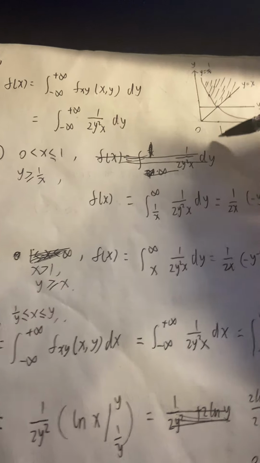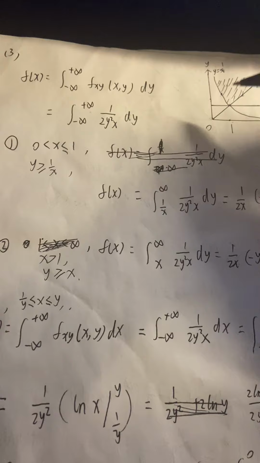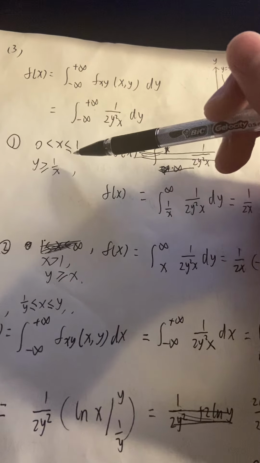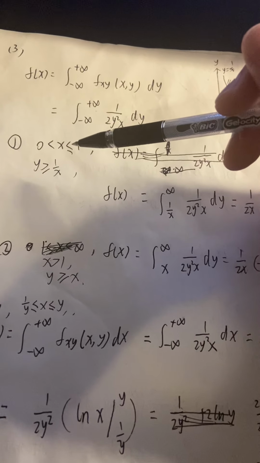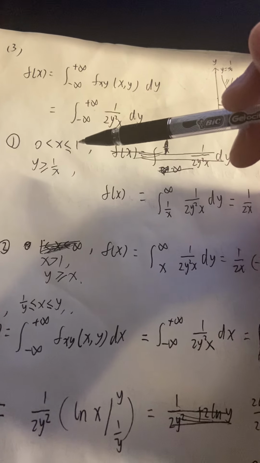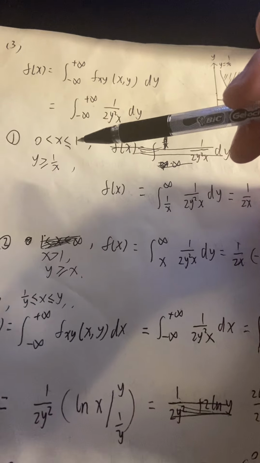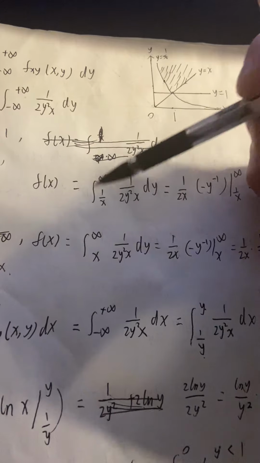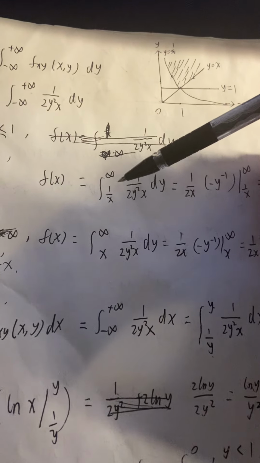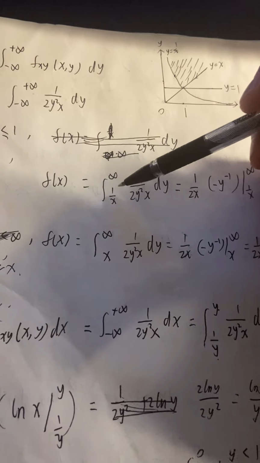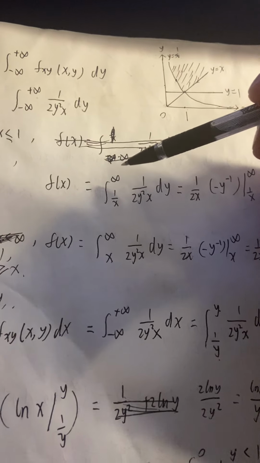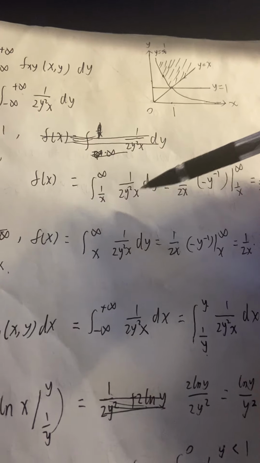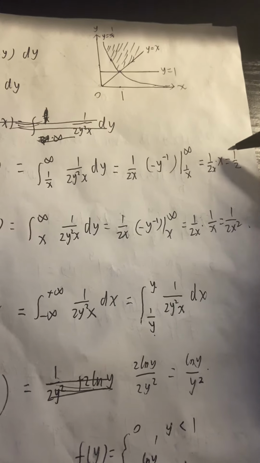We note for the graph, when x is between 0 and 1, y is larger than or equal to 1 over x. So for y, the lower bound will be 1 over x, and the upper bound would be infinity. So we can calculate this integral. The final result will be 1/2.